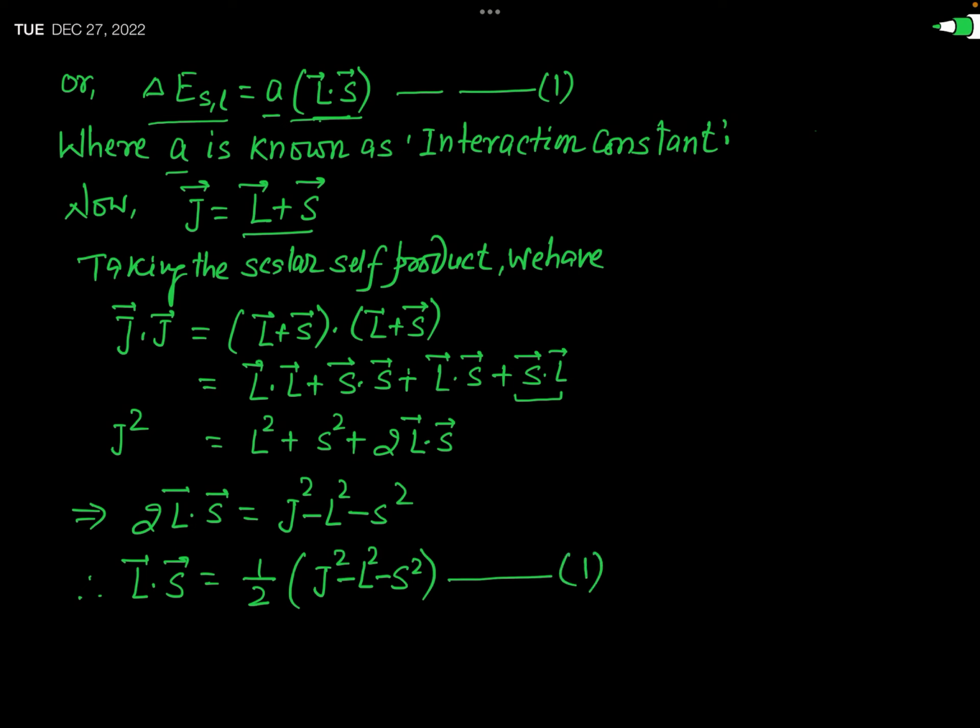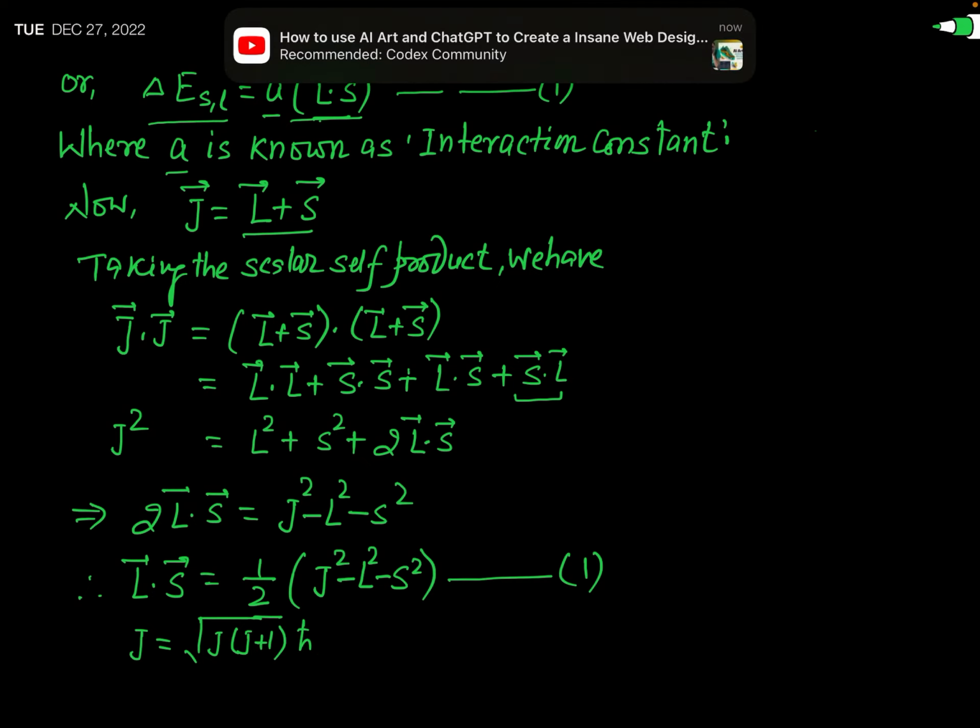Now in the previous lecture you have seen that the magnitude of this J is actually square root of J times J plus 1 times h bar.